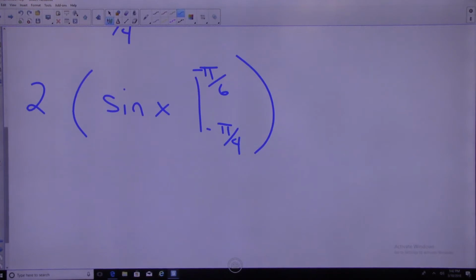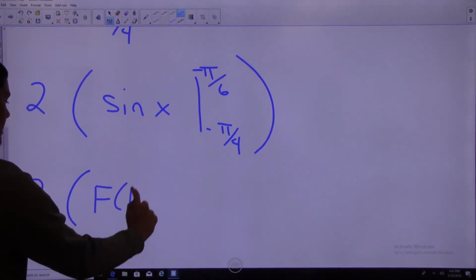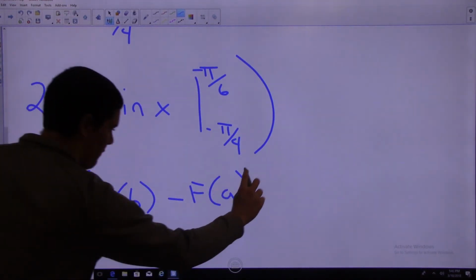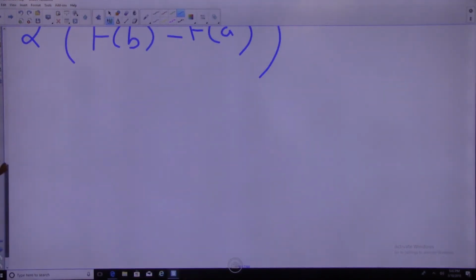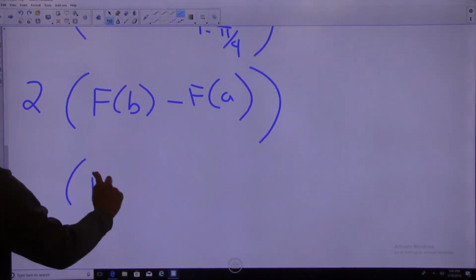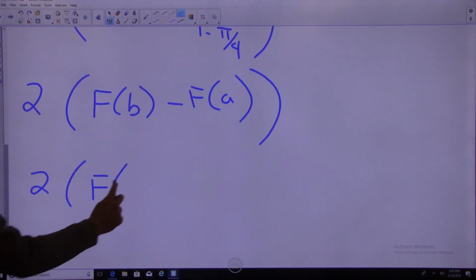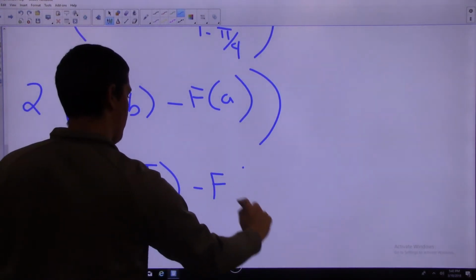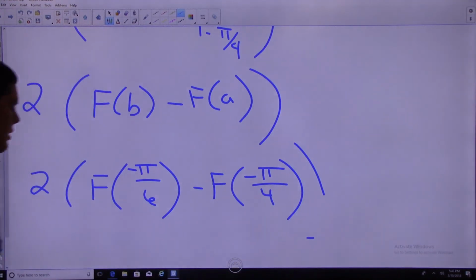We're taking 2 times F of b minus F of a. That was the second part of the fundamental theorem of calculus. So what is b in this case? Hopefully everybody knows what b is. B is negative pi over 6 minus F of a, which is negative pi over 4.